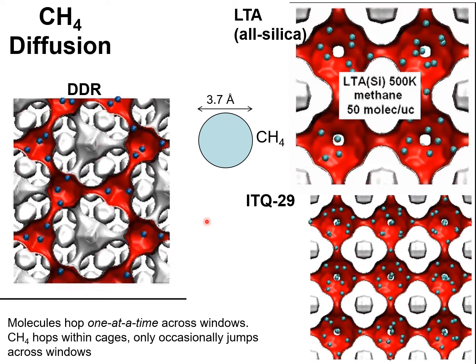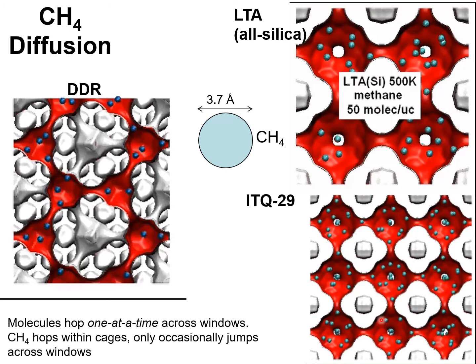This slide shows the intercage hopping of methane in ITQ-29, LTA all-silica, and DDR. Let's look at the animations, and you can see clearly in ITQ-29 the intercage hopping of methane molecules.